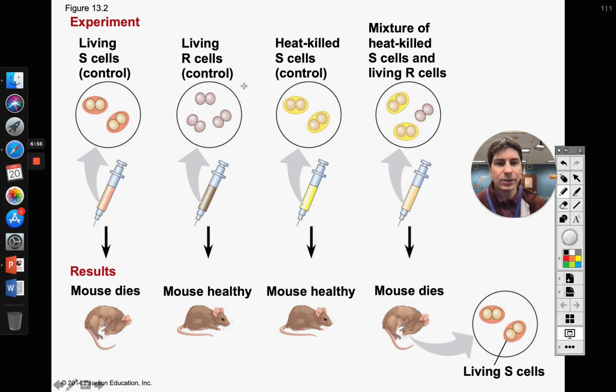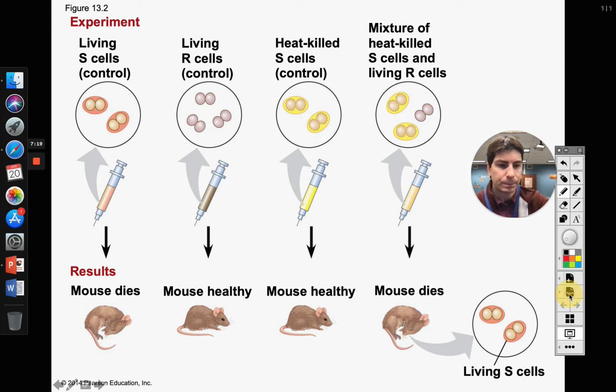So what they did in the third one is they heat killed the S strain. So they heat killed the bad strain. And what they found was after they heated it to a very high temperature, if they injected that heat-killed S strain into the mouse, the mouse was fine.